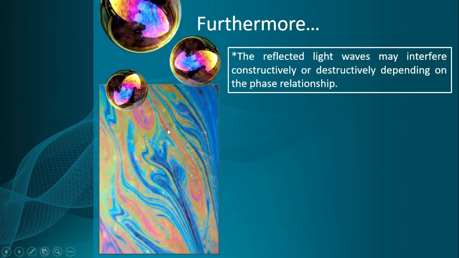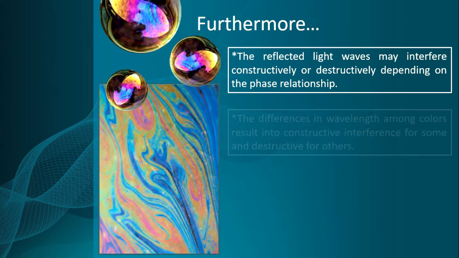Furthermore, the reflected light waves may interfere constructively or destructively depending on the phase relationship. The phase relationship was discussed by the previous reporter, and interference will differ if the waves are in phase or out of phase after they've been reflected on the thin film.